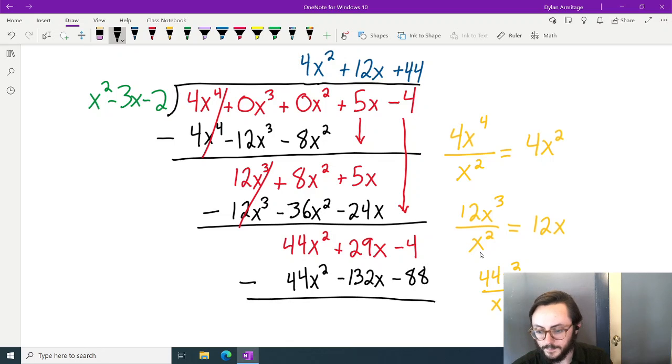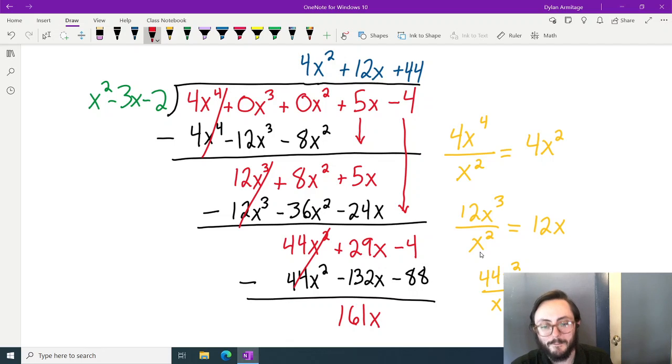Subtract all of this again. Once again, this cancels out here: 44x squared minus 44x squared. We are left with 29x minus a negative 132x, which would be positive 161x.